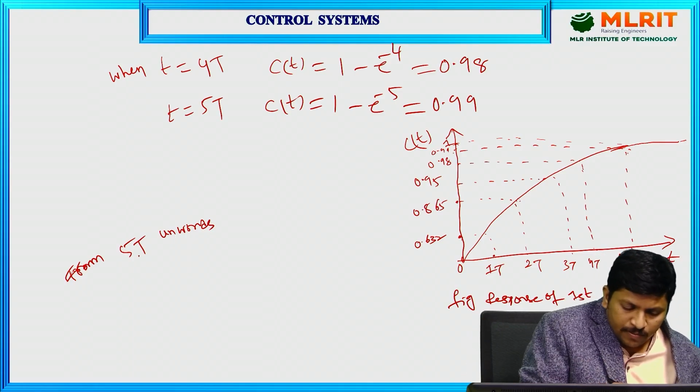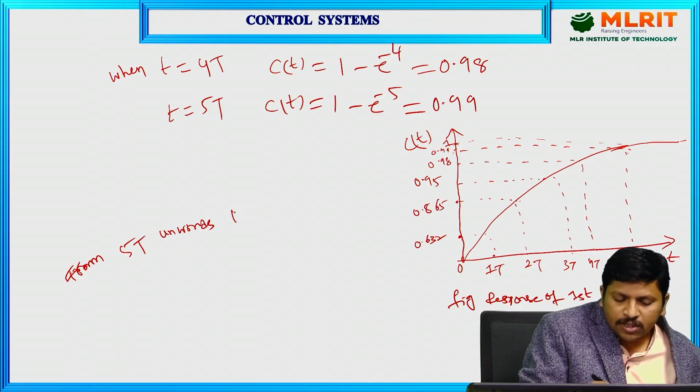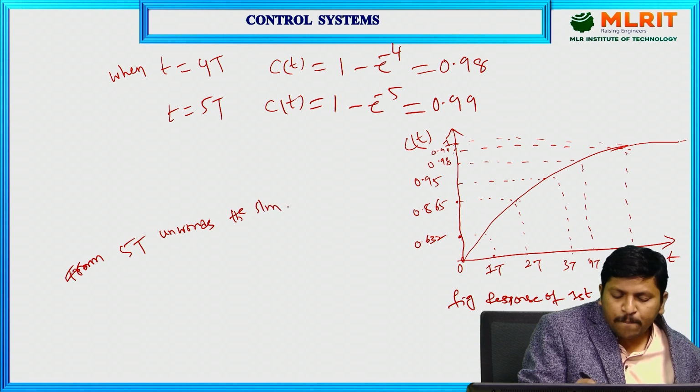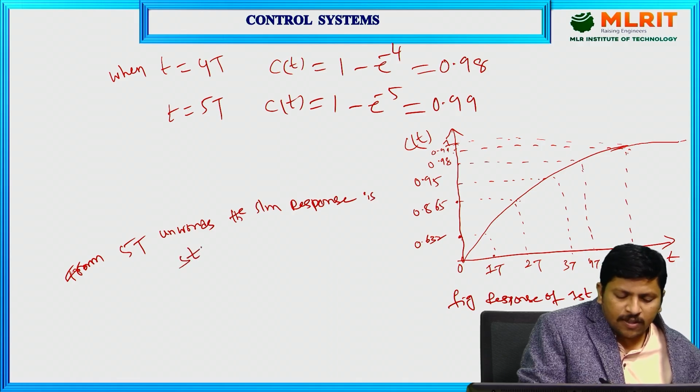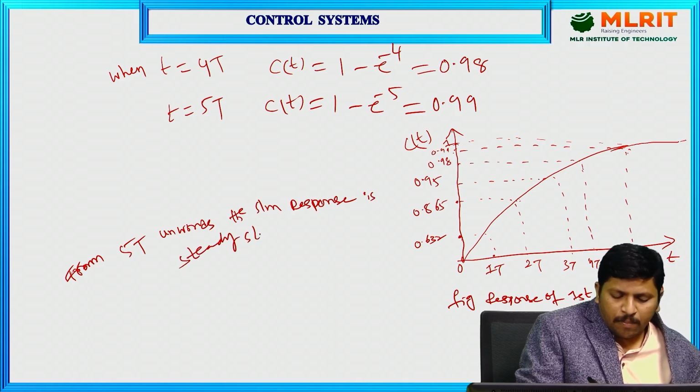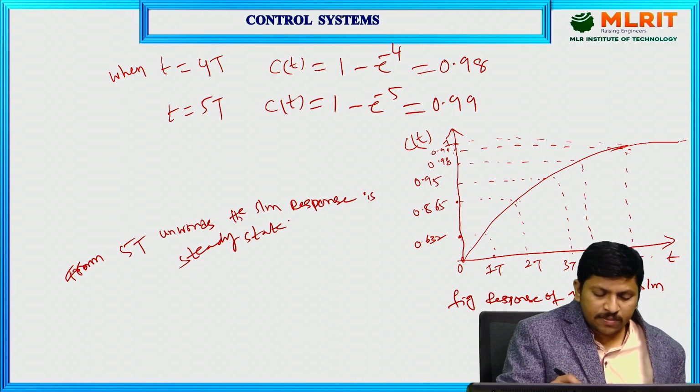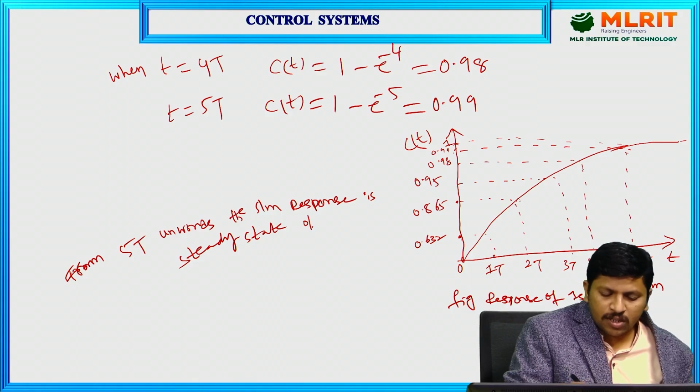From 5T onwards, the system response is steady state output.